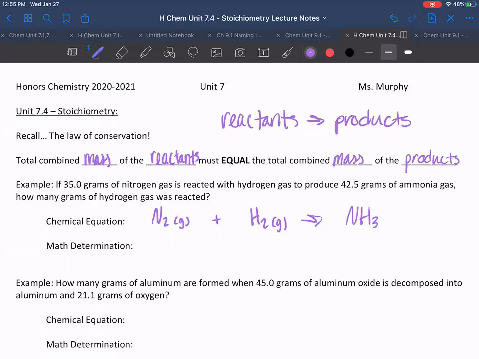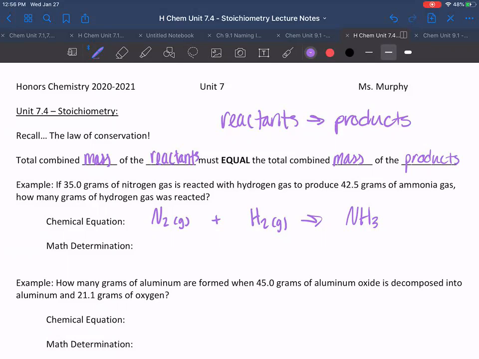Is this balanced? Okay, awesome. Hold on, I'm going to change attendance real quick here. So how should we balance it? 2 in front of what? Okay, and then what else?